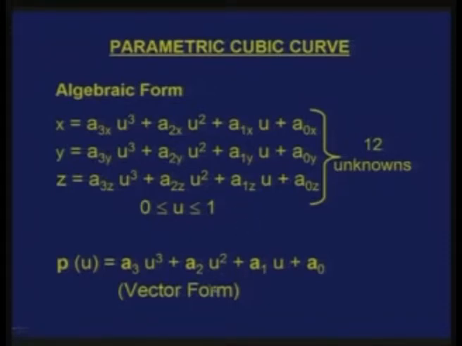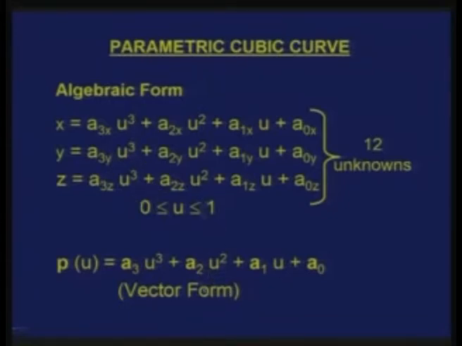The same is shown here in a vector form. It is very common to represent parametric curves in a vector form, like what is shown here as P(u). So, what is P(u)? P(u) is nothing but a point vector, which is x, y, z, which are functions of u. So, P(u) has 3 components x, y, z. Then A3 is basically a vector which represents A3x, A3y and A3z, and u cube is common to all of them.